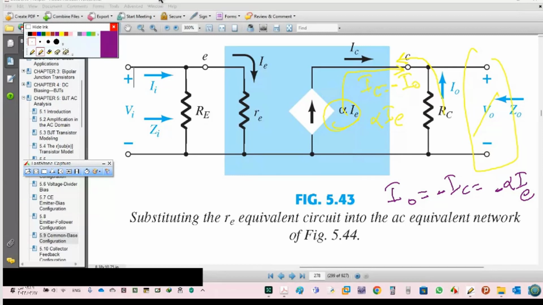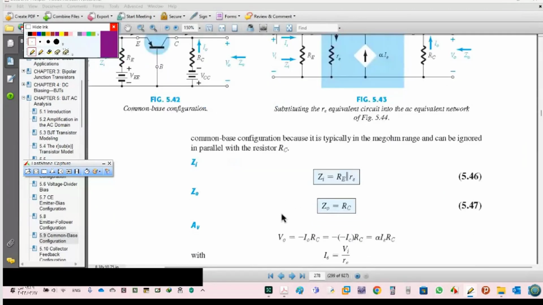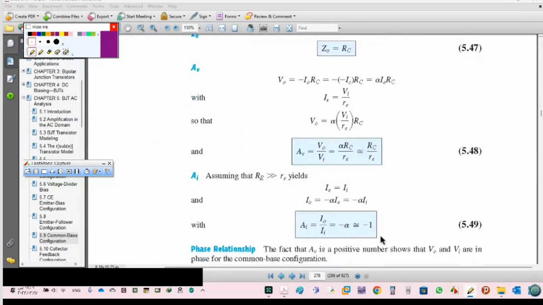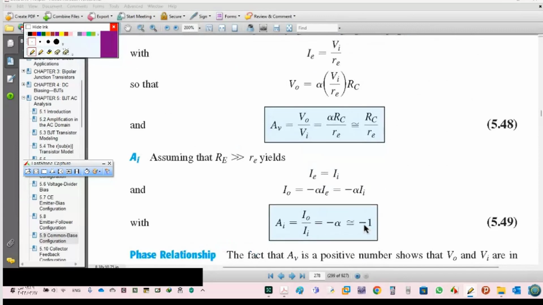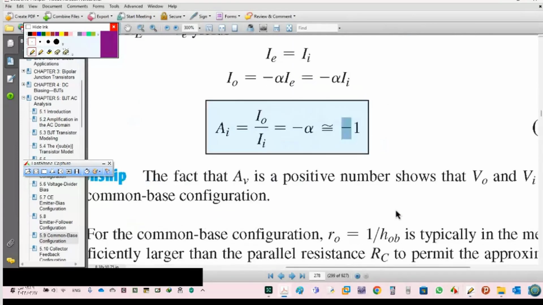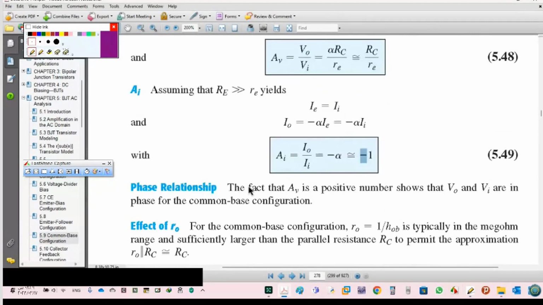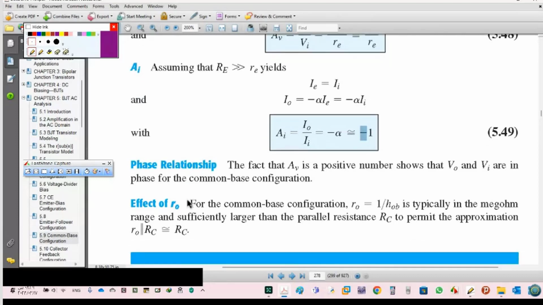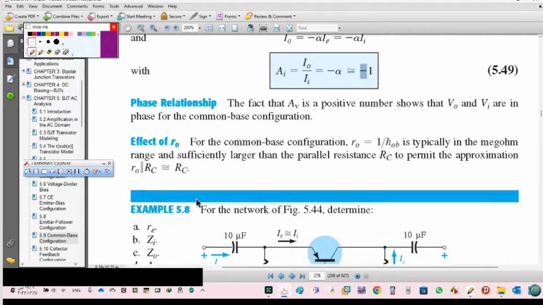But in all cases we have one flip, either current or voltage, based on this formula. See here, it is -1. Phase relation: the fact that AV is a positive number shows that VO and VI are in the same phase for the common base. Here you can also add RO as an effect for this circuit.